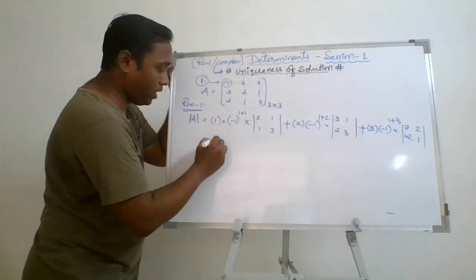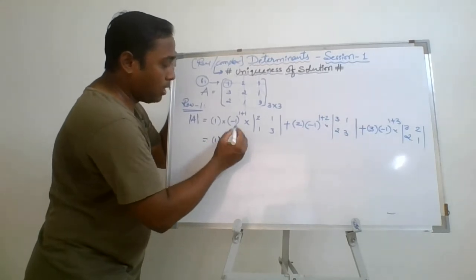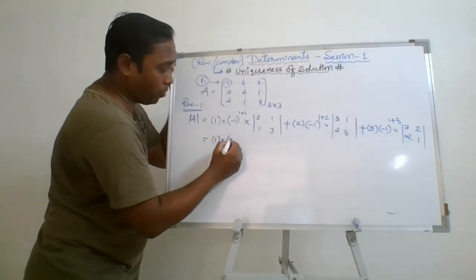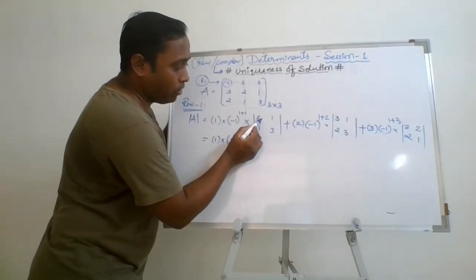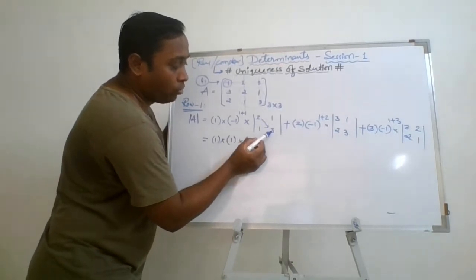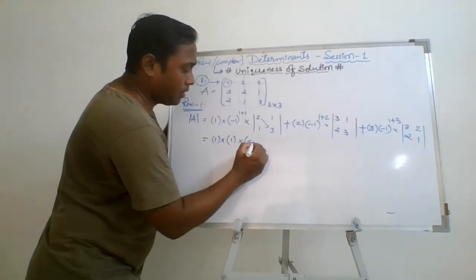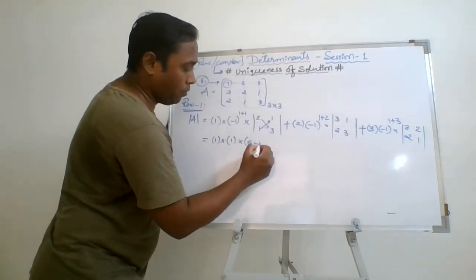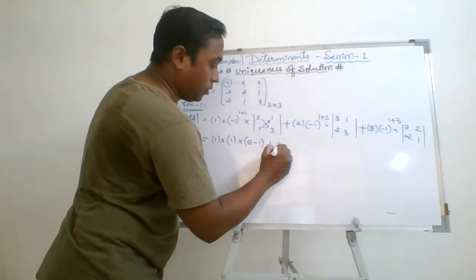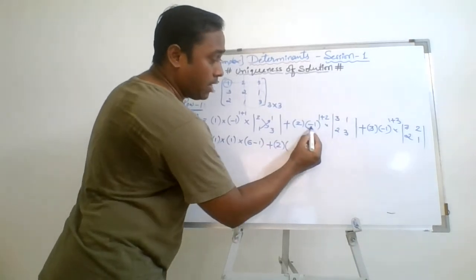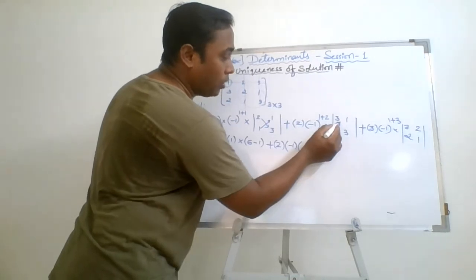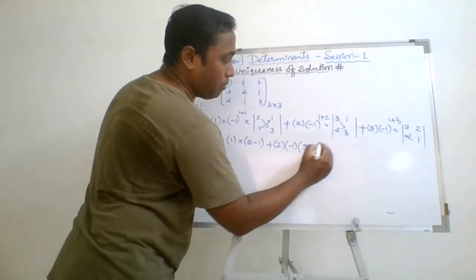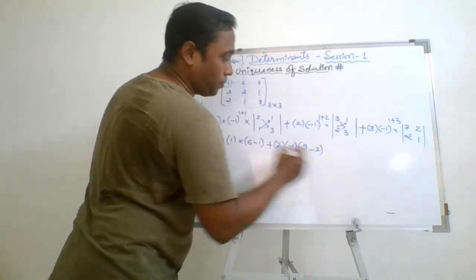Now see, 1 into, 1 is as it is, minus 1 to the power of 2 is positive 1, into the determinant value. How to calculate a 2 by 2 determinant? Already you know, 2 3s are 6 minus 1 1s are 1, plus 2 is an element, minus 1 to the power of 3 is minus 1, into 3 by 3 means 9 minus 2 into 1 is 2.